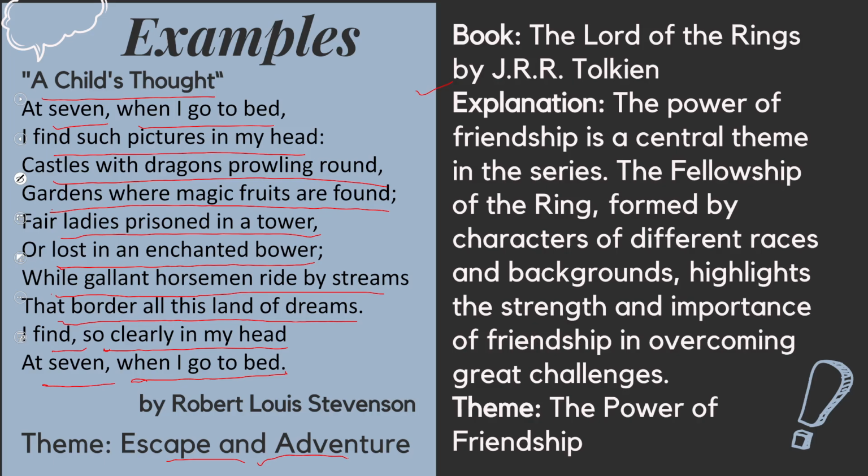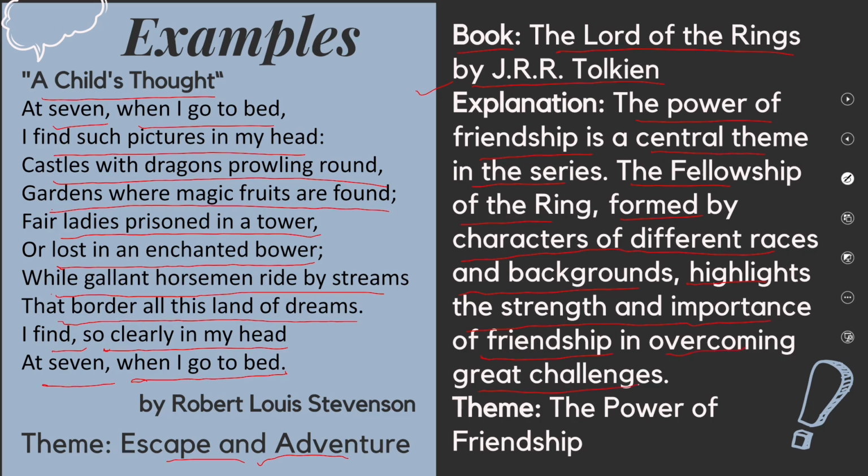Now, let's look at another example from a book, The Lord of the Rings by J.R.R. Tolkien. The power of friendship is a central theme in the series. The Fellowship of the Ring, formed by characters of different races and backgrounds, highlights the strength and importance of friendship in overcoming great challenges.